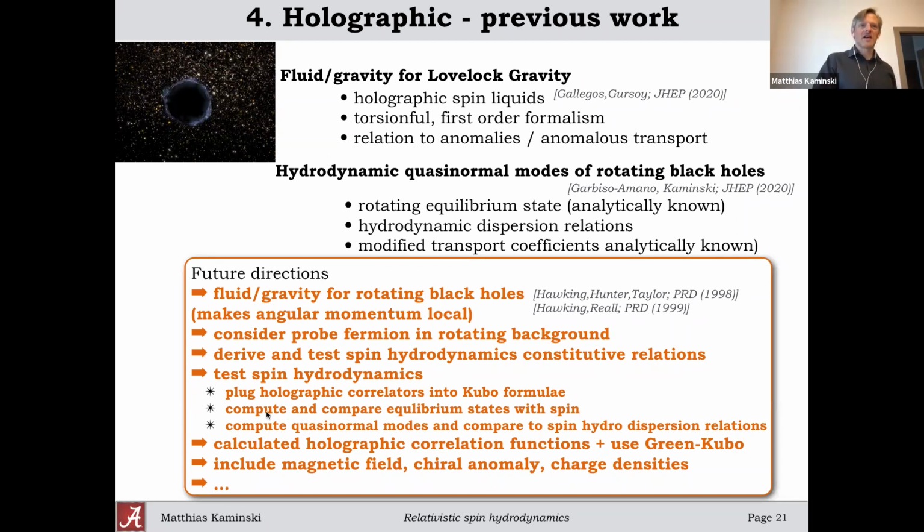You can compute and compare equilibrium states including spin, and compute quasi-normal modes and compare to the spin hydrodynamic dispersion relations that I just skipped. So spin hydro has certain dispersion relations, and one can calculate quasi-normal modes in holographic models and see how the spin dispersion relations would look like there. Calculate the holographic correlation functions and use the Green-Kubo formula.